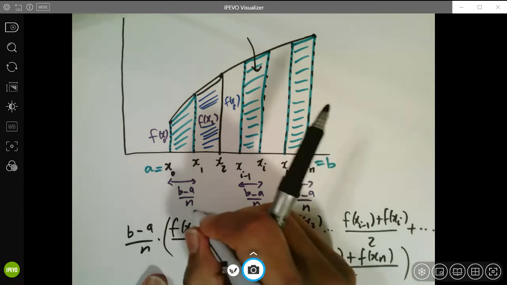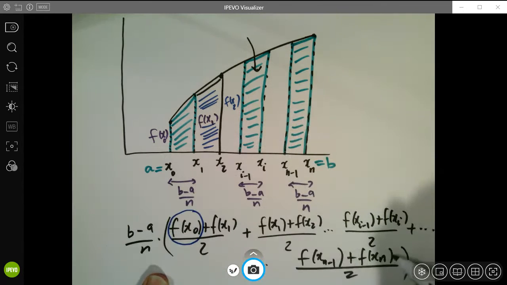The only ones that have coefficient 1 are f of a and f of b.